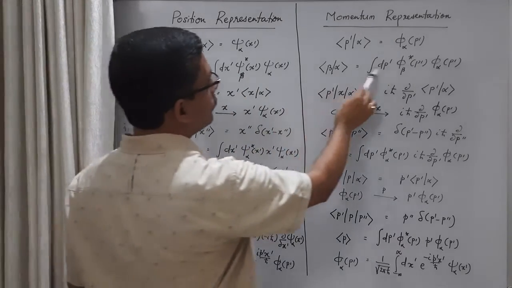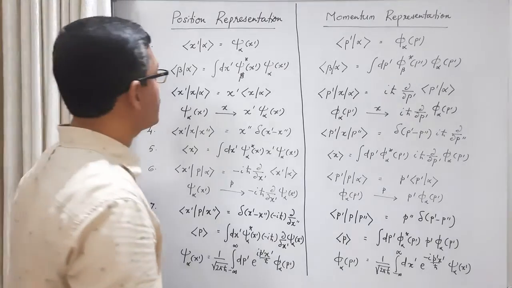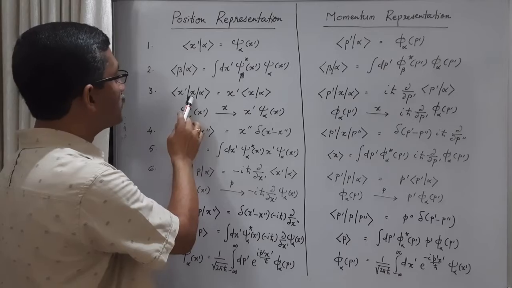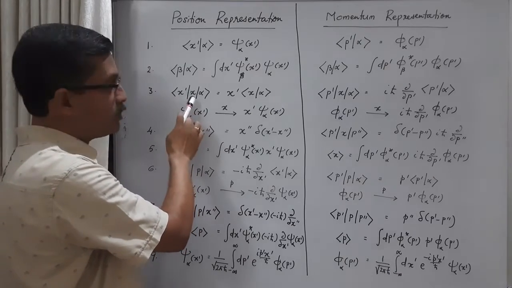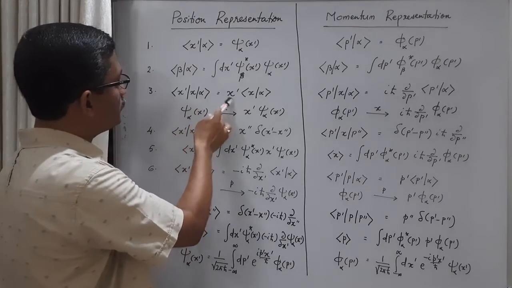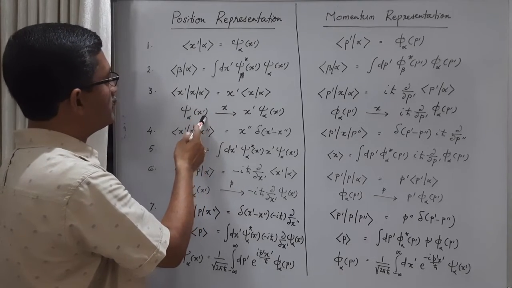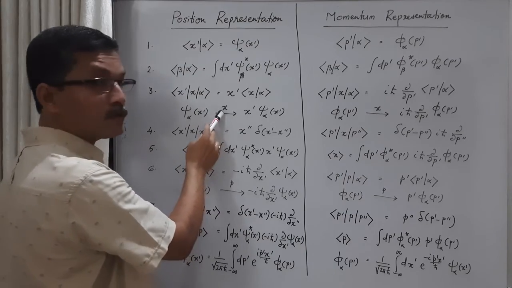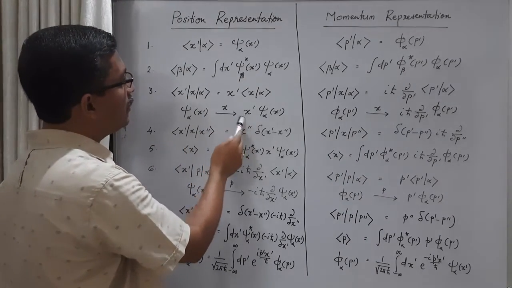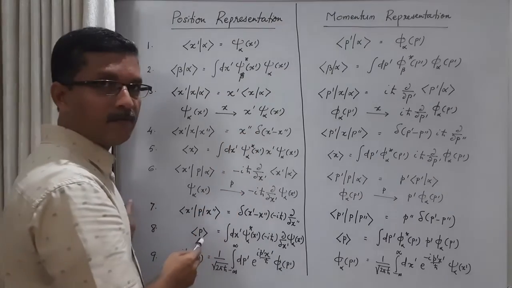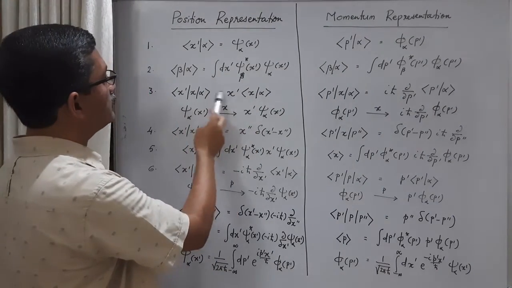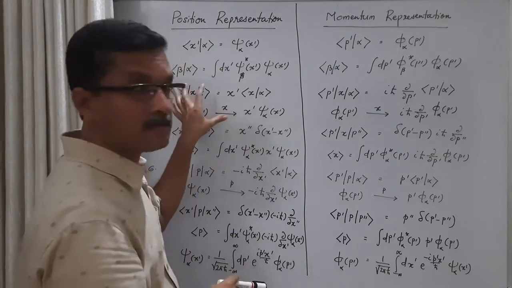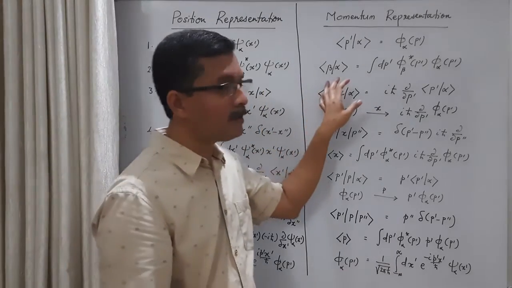Okay. Similarly, for momentum space wave functions, these are the basic relations in the case of the action of the position operator in position basis. And the meaning, if you express it in terms of wave functions, is this: if this is a position space wave function, when the x operator, the position operator, acts on it, the result is the eigenvalue x prime times the original wave function. That's what this equation means. What is the action of the position operator in momentum basis?